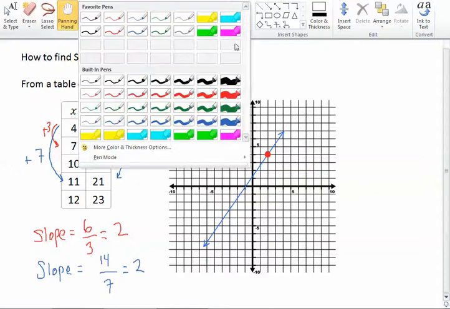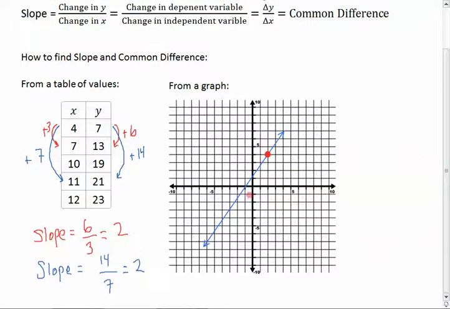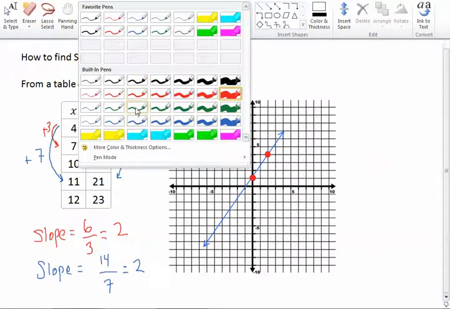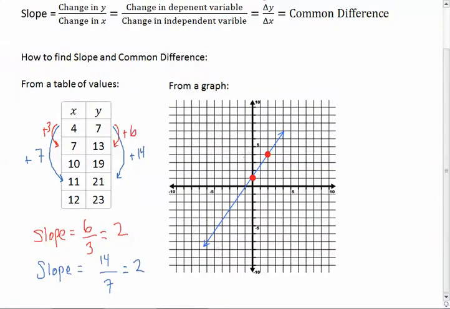So all you have to do is find 2 different integral points on your graph. I've got one where the huge, gigantic red dot is, and I've got another one right here. What we want to see is the change in y divided by the change in x. I'm going to use some green here to help us out.